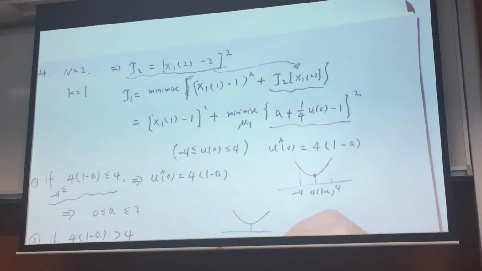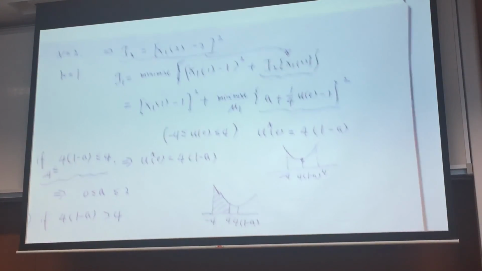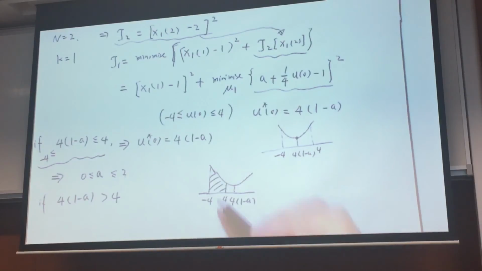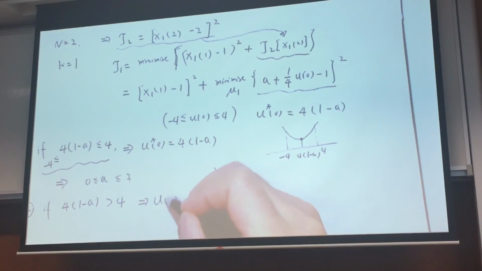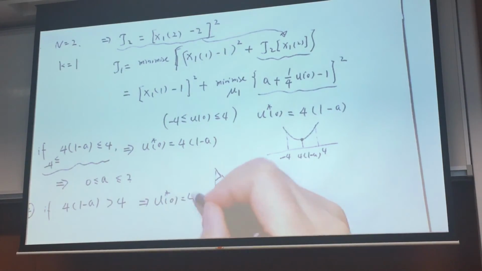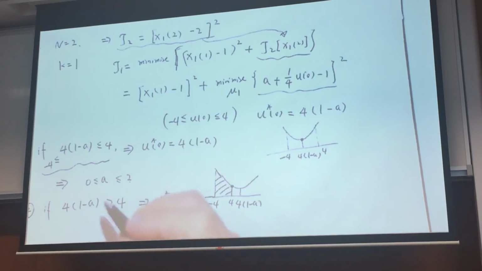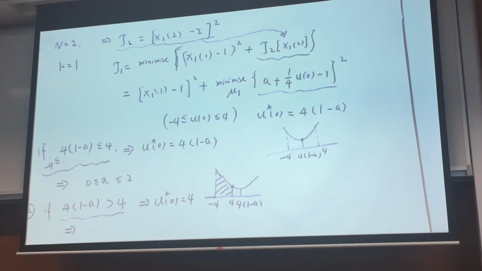So 4(1 minus A) is greater than 4, and the valid range for the input is here. In this case, u0 star will be equal to 4, and you can derive that A is smaller than 0.